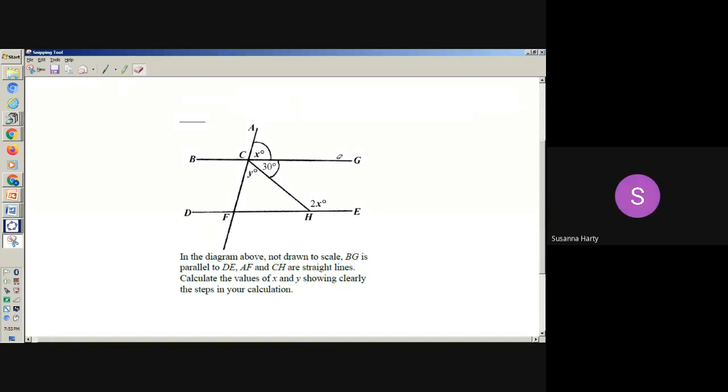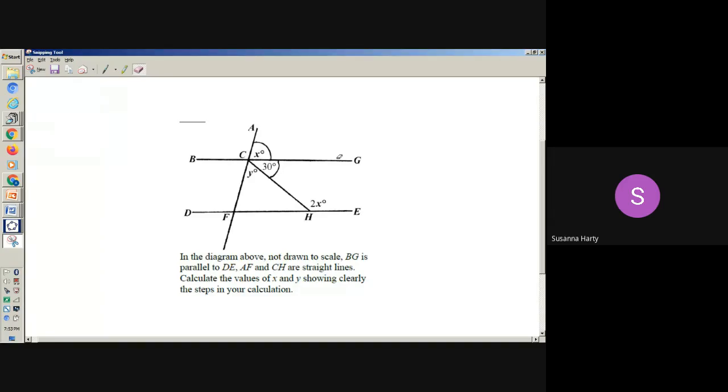All right. The first thing I would do is try and write an expression. So I would say 30 plus 2x plus x is 180, because they did say that AF and CH are straight lines, and they said that BG is parallel to DE.